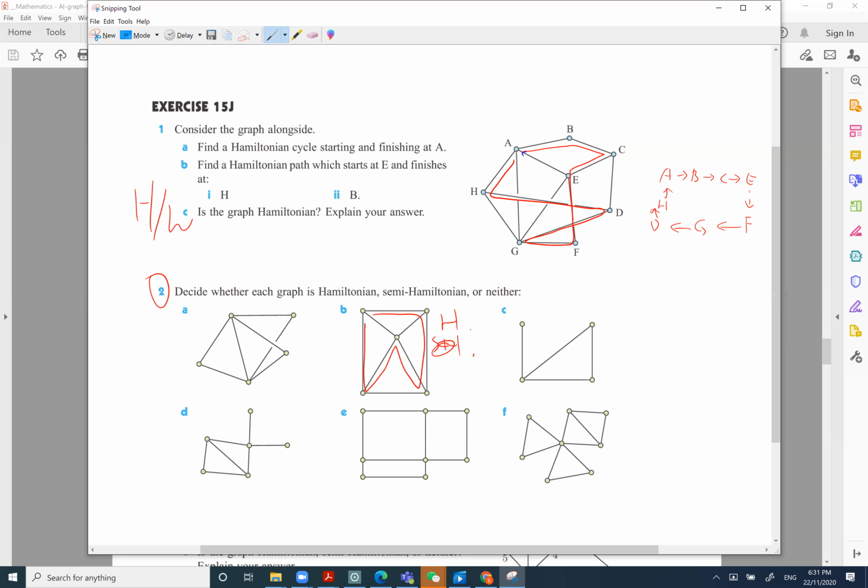So it's Hamilton. The other one, you can just do here. Semi-Hamilton. This one, semi-Hamilton, just here.